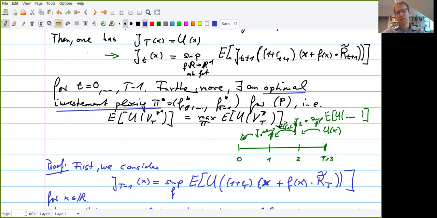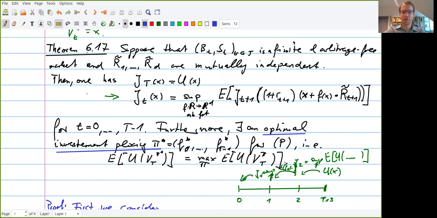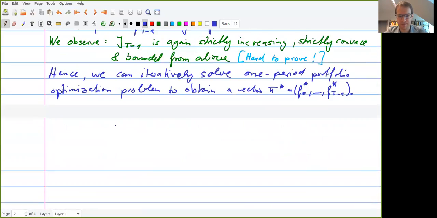And if this iteration formula is true, then the P star we found is actually the optimal solution, because then we can just iterate this formula to see that this P star we just derived has this property. But for this, we first need to prove this recursion formula. All right, so let's prove this recursion formula.